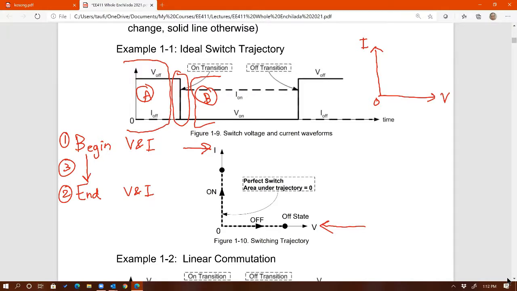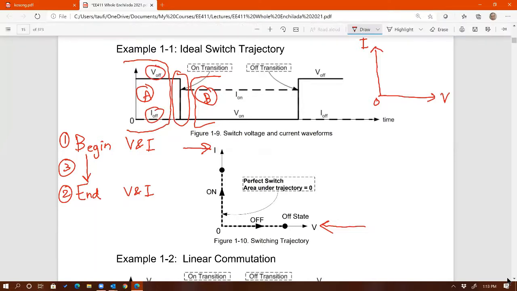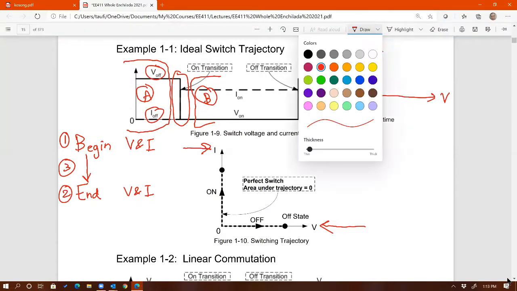That constitutes the beginning point of the transition. You can see clearly that during static condition A, we have V off and I off.